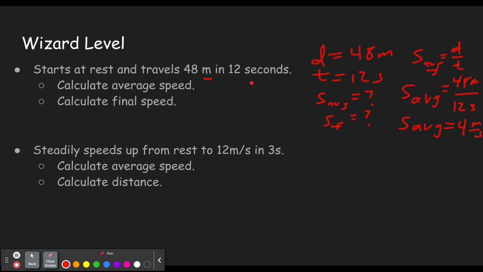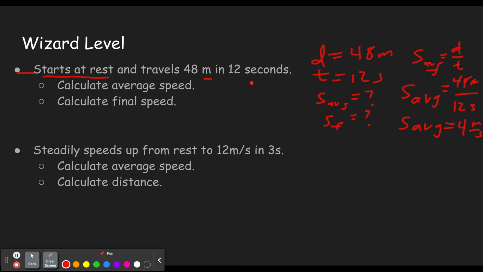Okay, well, remember it's speeding up from rest, so it's going 1, 2, 3, 4, and that's the average. It's also kind of halfway in between if it's accelerating uniformly, which is the assumption for all of these, even though it won't necessarily state it. But if it says it starts at rest, it must be speeding up, because if it stayed at rest, it wouldn't go anywhere, right?